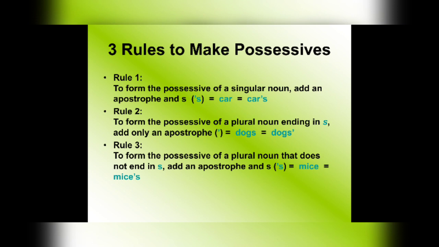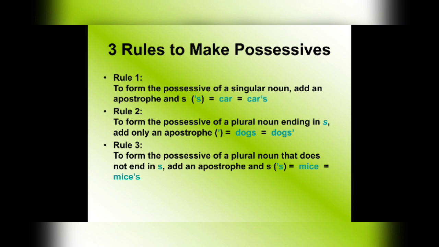For example, dogs'. So we have added after s only apostrophe and not s. Rule number 3, to form the possessive of plural noun that does not end in s, add an apostrophe and s. For example, mice, mice's. Because here we are talking about the plural form which does not have s at the end of the word.